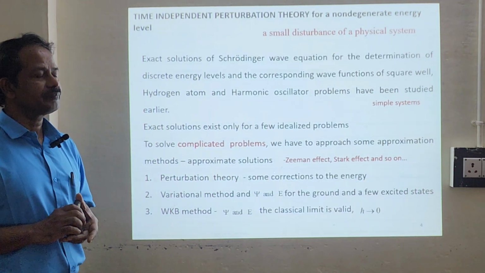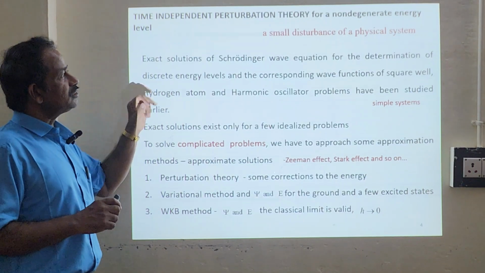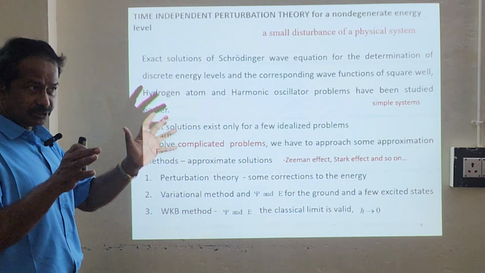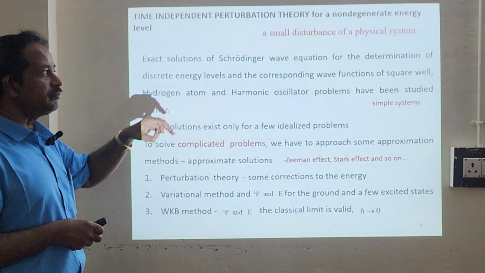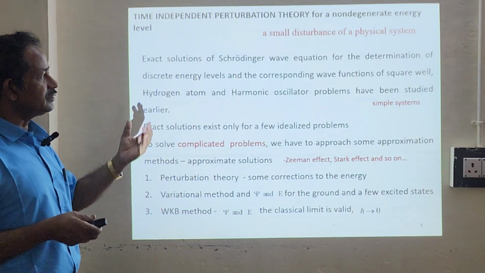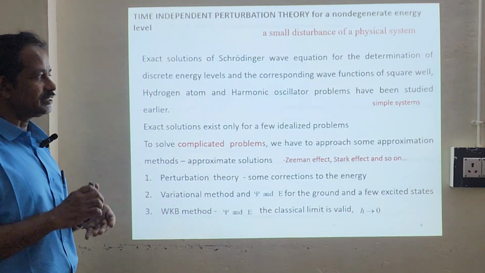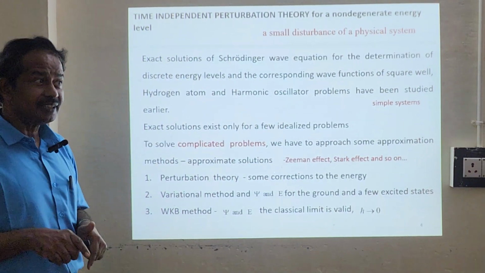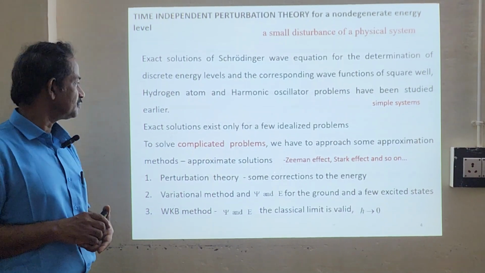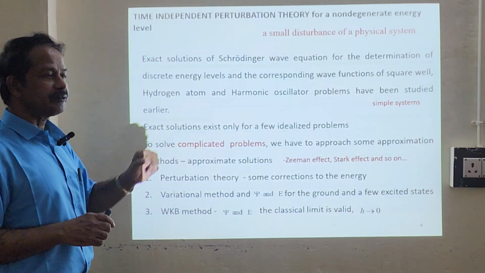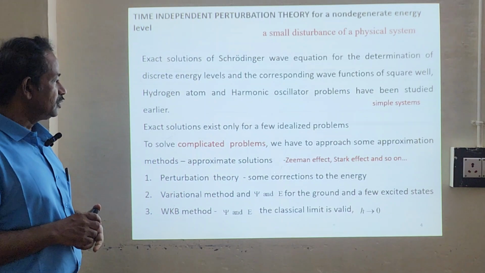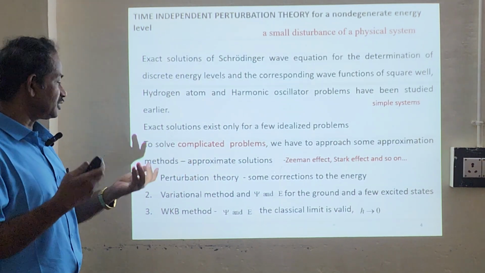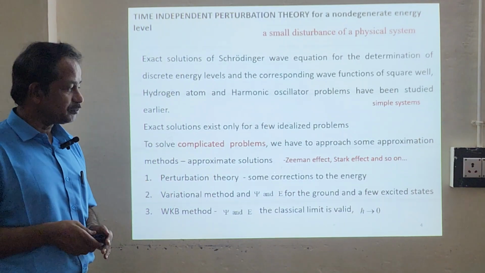The exact solutions of the Schrodinger equation for discrete energy levels in the bound state and the corresponding wave functions of the square well, hydrogen atom, and harmonic oscillator, we have already studied. Those are called simple systems, but in reality we have only complicated systems. Exact solutions exist only for a few idealized problems. To solve complicated problems, we have to use approximation methods, and we get approximate solutions.